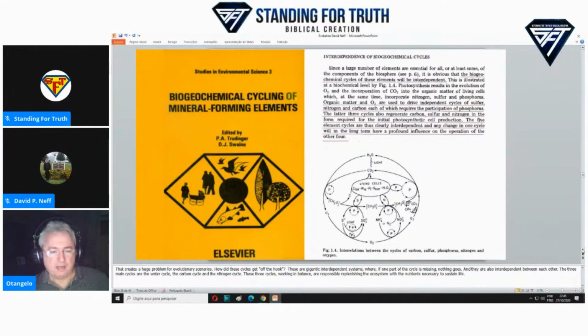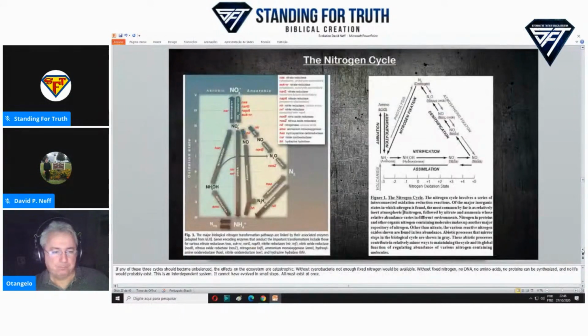The 3 main cycles are the water cycle, the carbon cycle, and the nitrogen cycle. These 3 cycles, working in balance, are responsible for replenishing the ecosystem with the nutrients necessary to sustain life. If any of these 3 cycles should become unbalanced, the effects on the ecosystem are catastrophic.